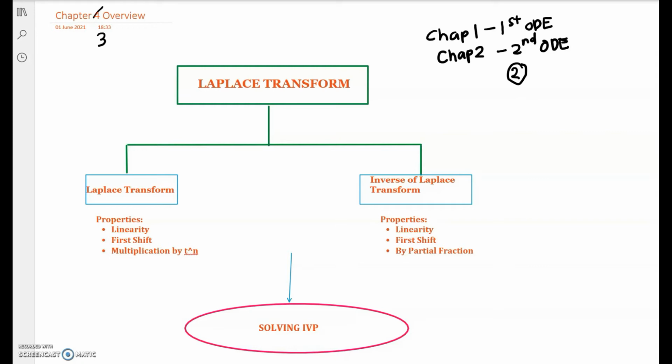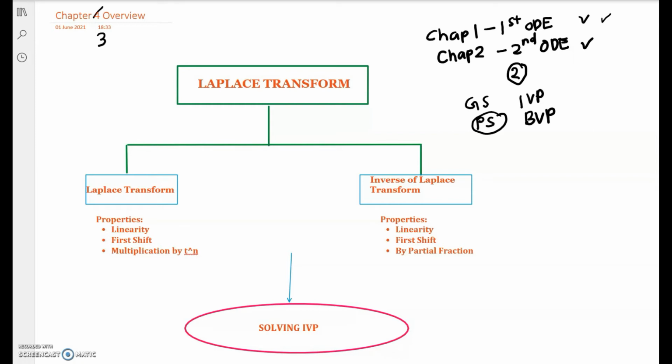If you still remember, in chapter 1 and chapter 2, we discussed the general solution and the particular solution. In order to get the particular solution, your differential equation must come together with initial or boundary conditions, so that you will have either initial value problems or boundary value problems.